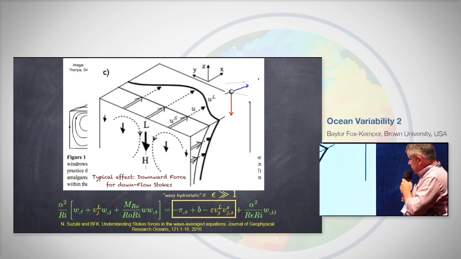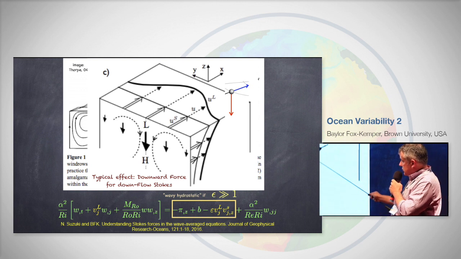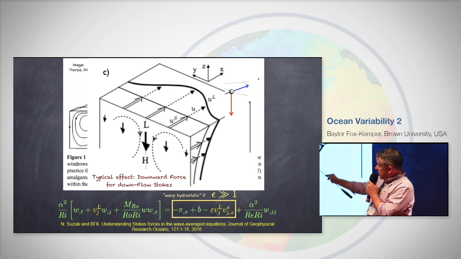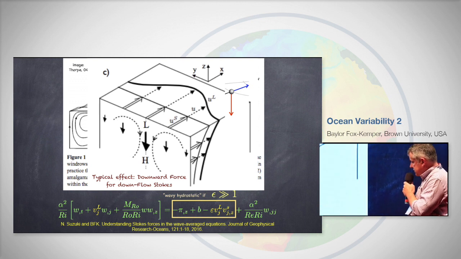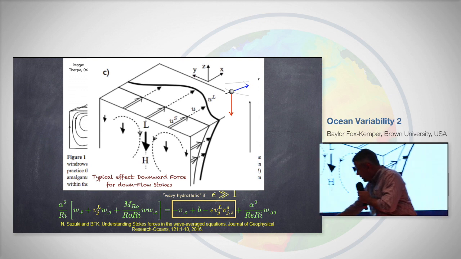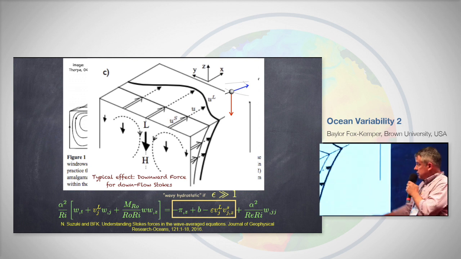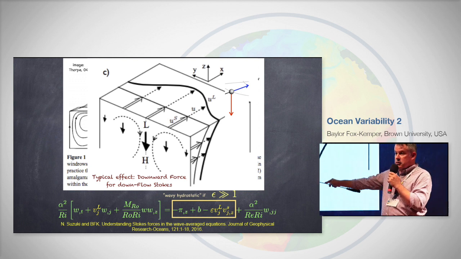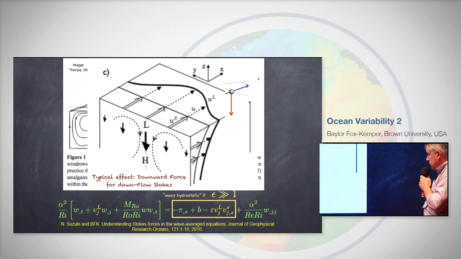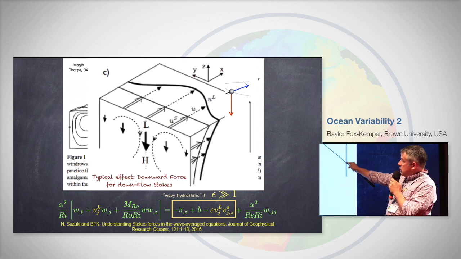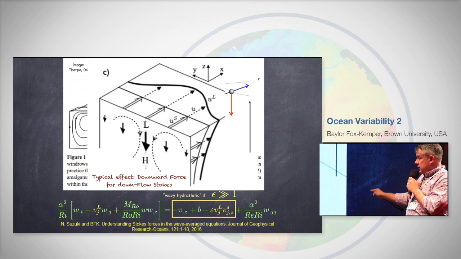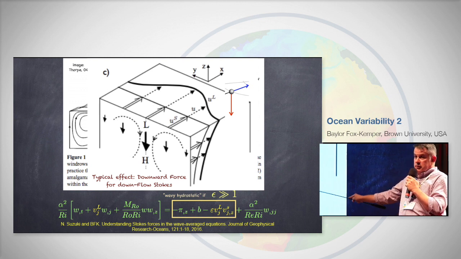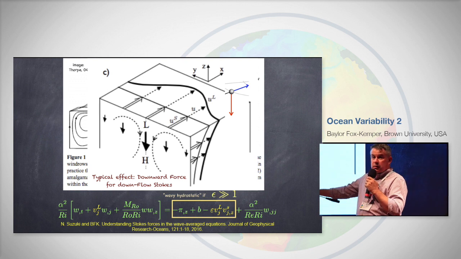Whenever the Lagrangian velocity is in the same direction as the Stokes shear, which it is right here in the middle, this term is positive, downward vertical acceleration. It pushes down in the middle. Okay? Out here, we have a smaller Lagrangian velocity in the direction of the Stokes drift, and so it pushes down just a little, not as much as in the middle.